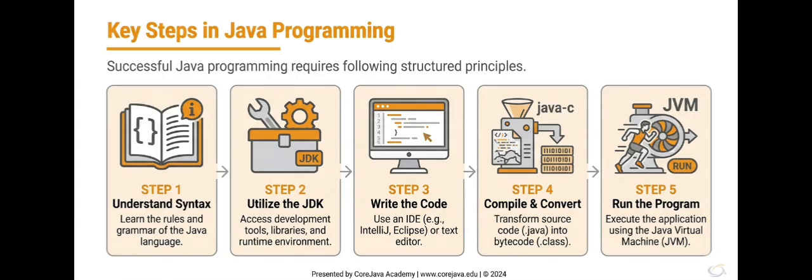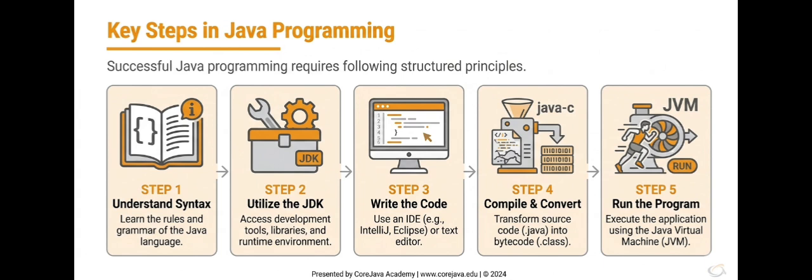For successful Java programming, we require structured principles. First, learn Java foundational syntax, like data types, variables, and loops, and write the code with correct syntax. It avoids initial compile errors. Then we need to set up the environment, so we have to install the Java Development Kit. It provides the essential tools. Then install developer environments like IntelliJ, Eclipse, or basic text editors.